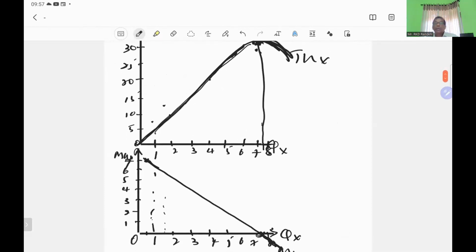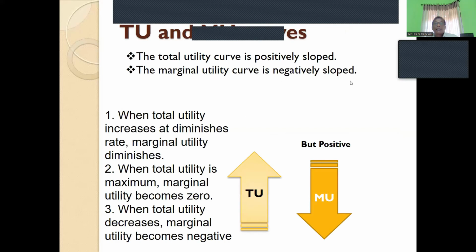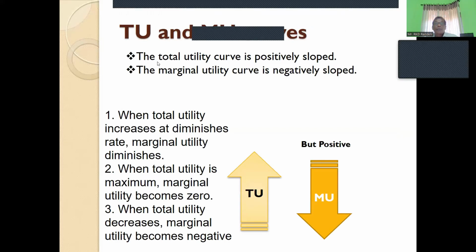Now, the relationship between TU and MU: the total utility curve is positive slope.